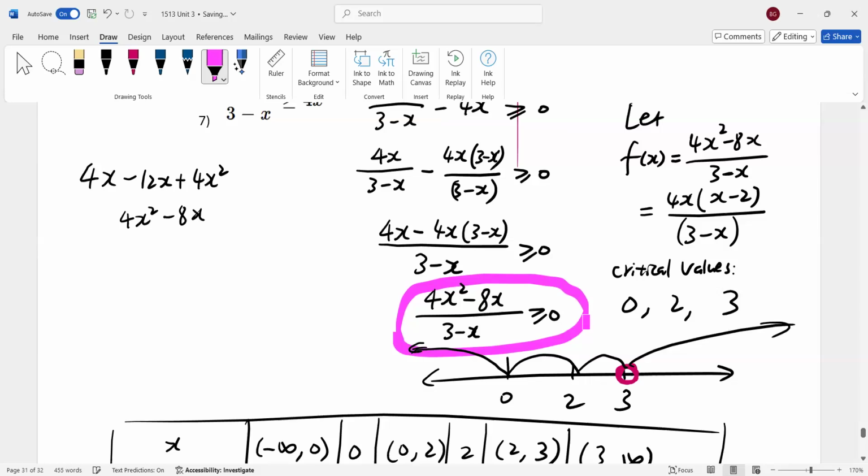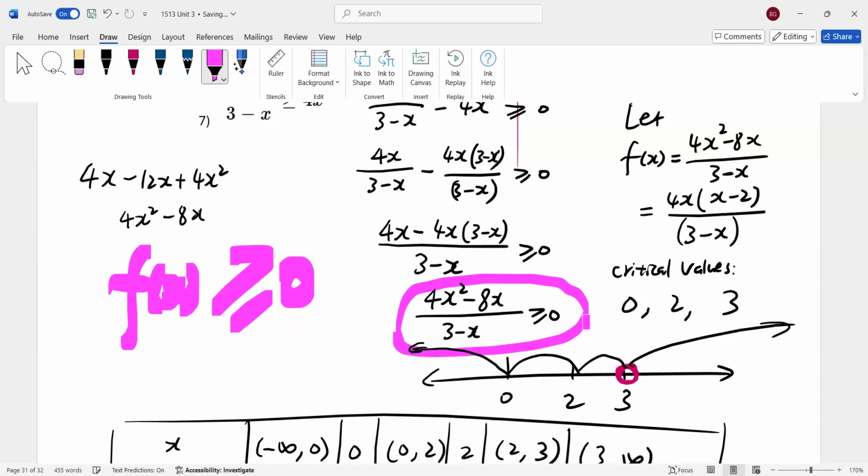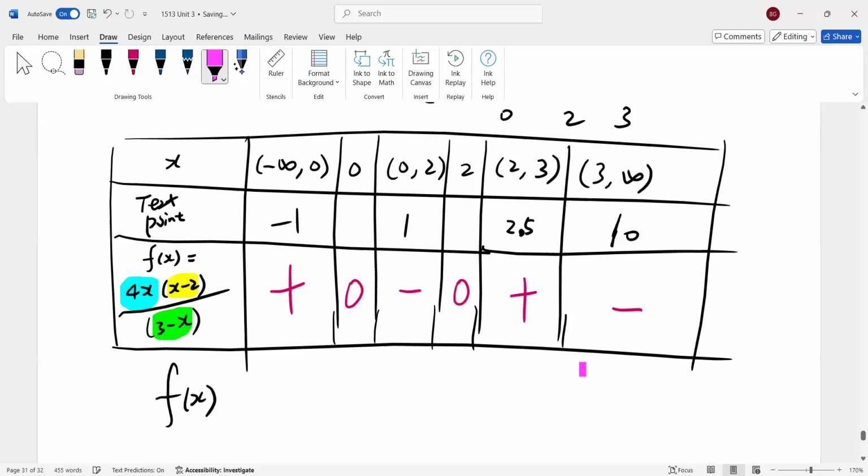So you are looking for intervals such that f of x is bigger than or equal to 0. So 0 is fine, positive is fine, but negative is not fine. This column is positive, so it's fine. 0 is fine, so include 0. Negative, no, we don't include that. So we are looking for the columns where we have a positive or 0. So this one, this one, this one, this one, and that's it.